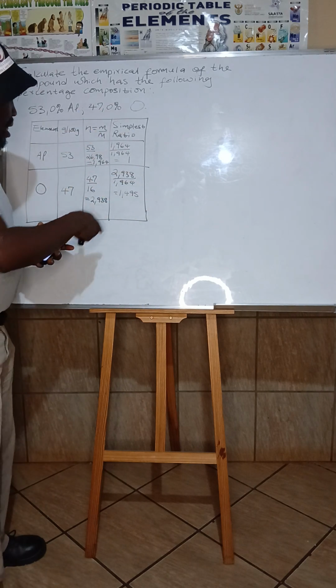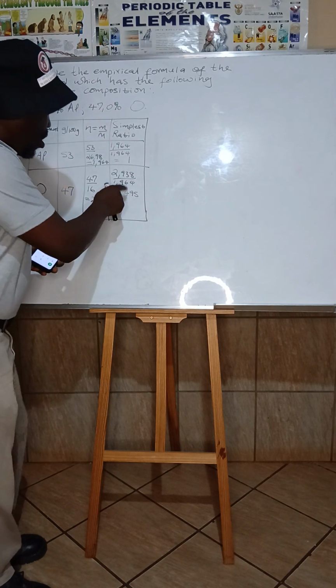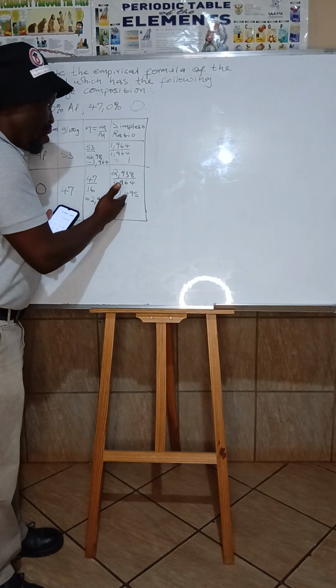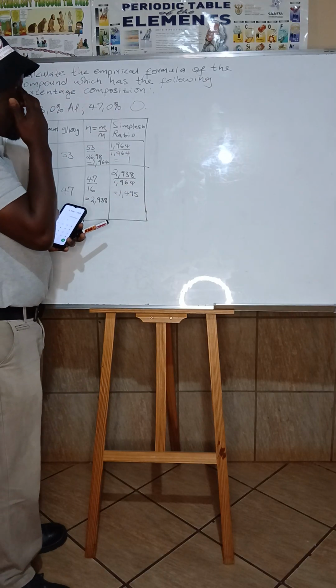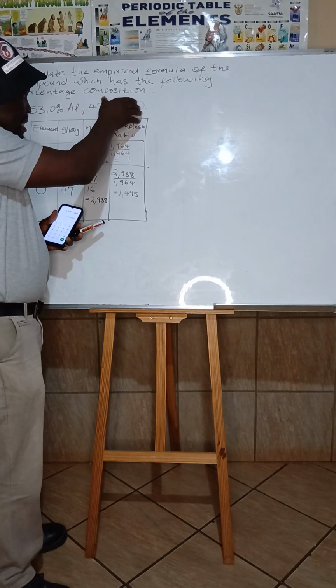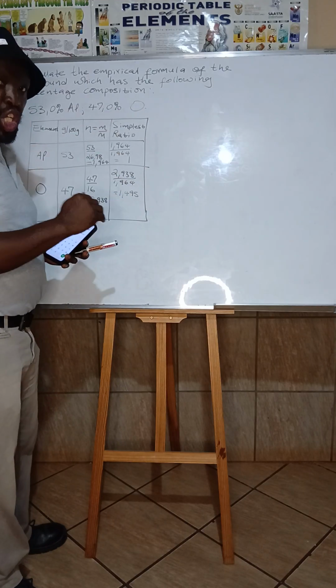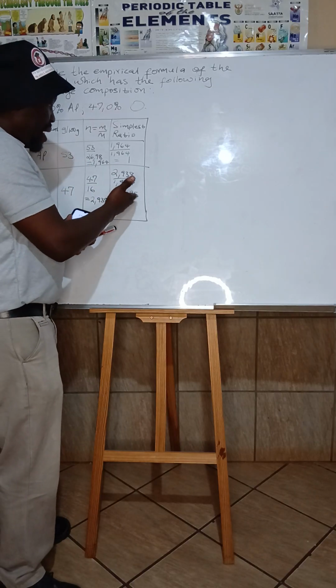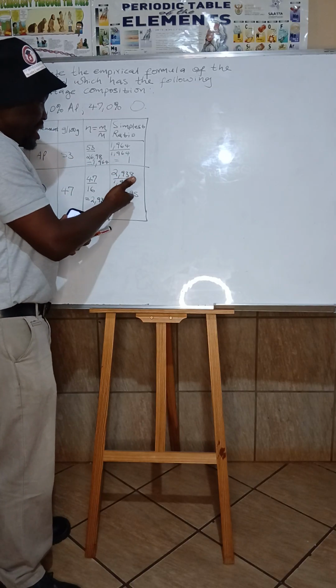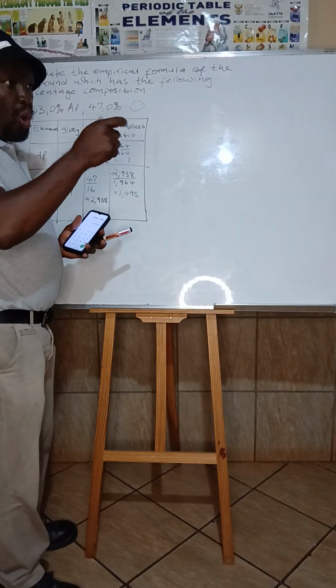So if under the simplest ratio you don't get a whole number, you have to multiply the decimal number by a whole number.